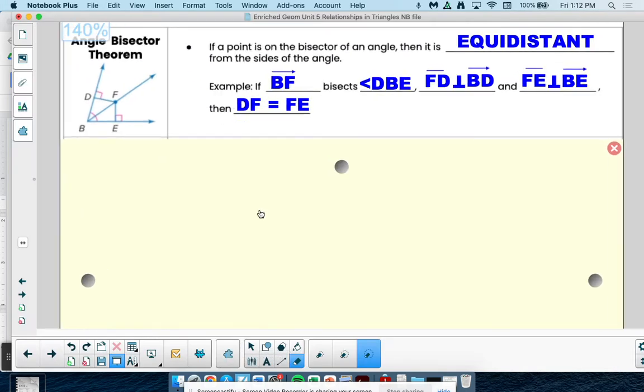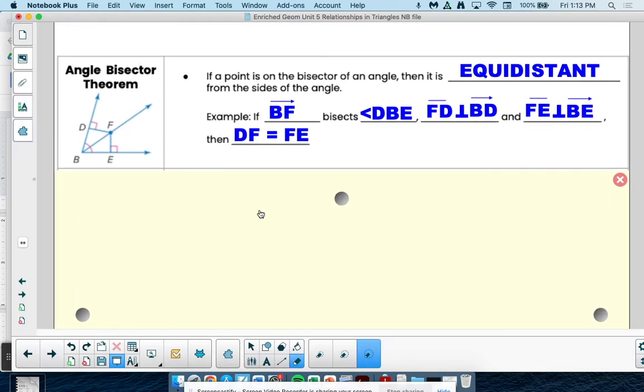Okay, so we are on the angle bisectors today. Like the word says, an angle bisector cuts an angle in half, right? Now the angle bisector theorem states you have an angle bisector, and if there is a point on that bisector, it's the same distance away from both the sides of that angle.